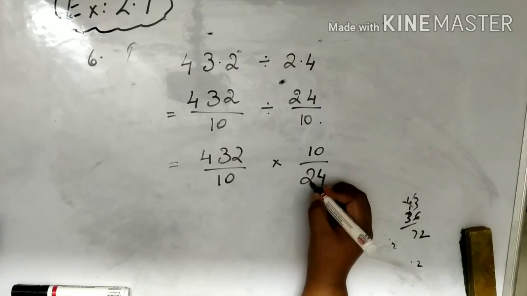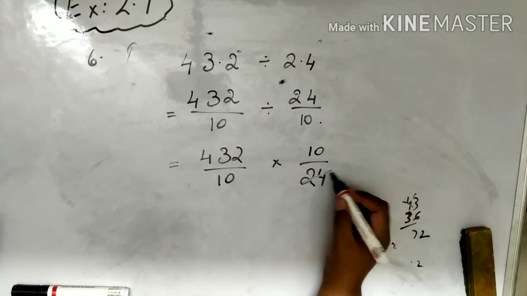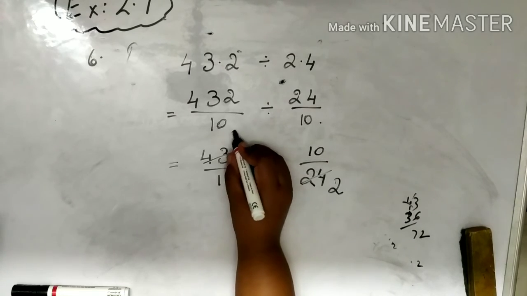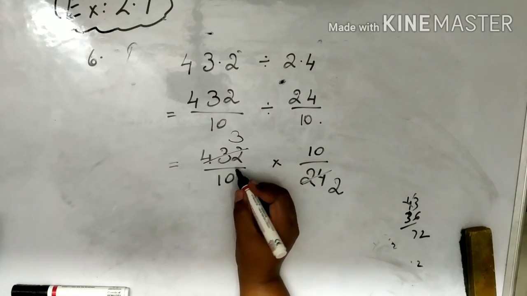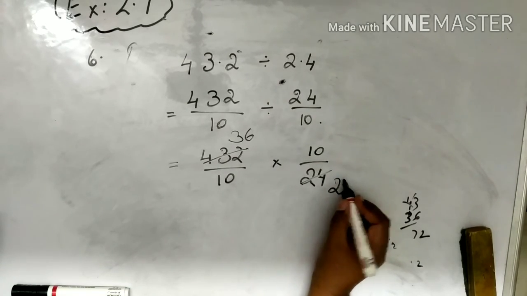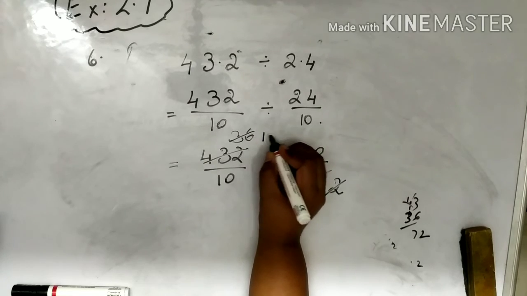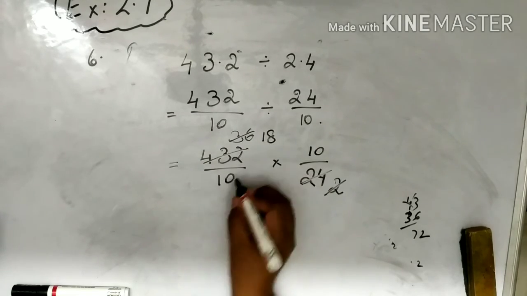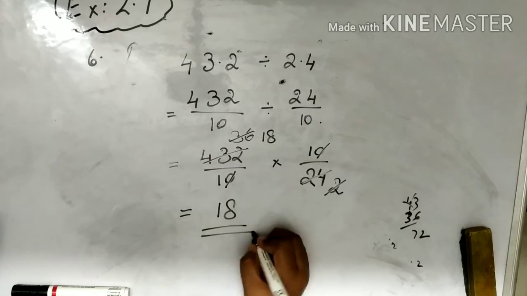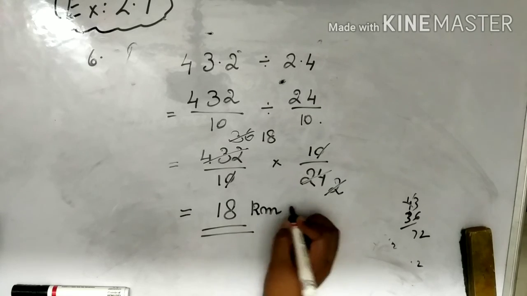So we'll solve this step by step. Now we can divide this by 12. 12 2s are 24, and 12 3s are 36, and then 72, that is 6. So we can again solve this. That is 2 divided by 36, that is equal to 1 and 18. So here we have the answer as 18. So how many kilometers will it move? It will move 18 kilometers.